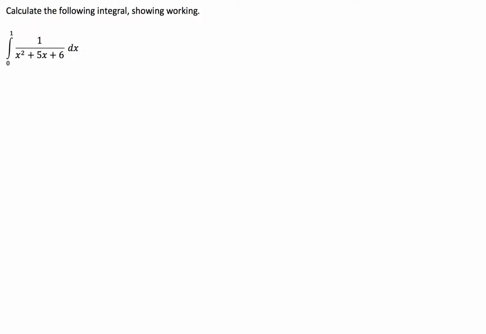Okay, so to start with, we have to find the factors of the denominator, and I might do the partial fractions part over here. So we're going to say that 1 over this quadratic is equal to, now the factors of this denominator are going to be x plus 2, x plus 3.